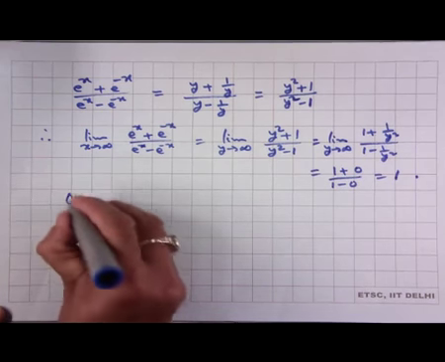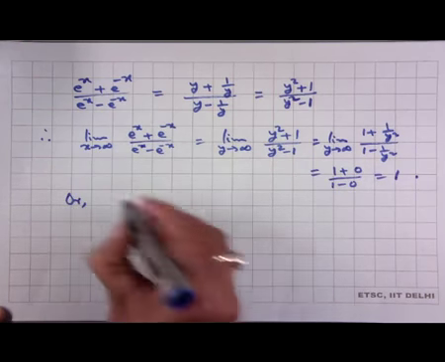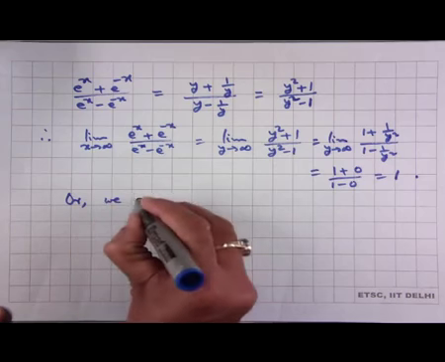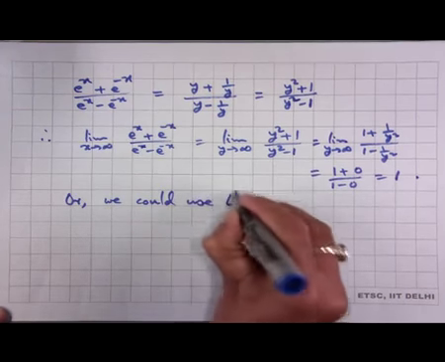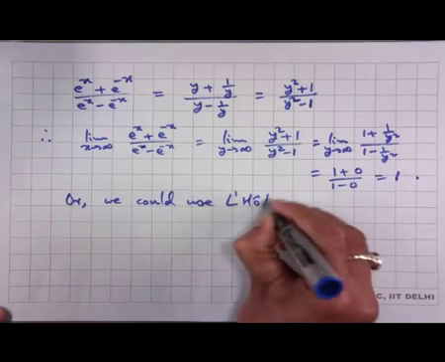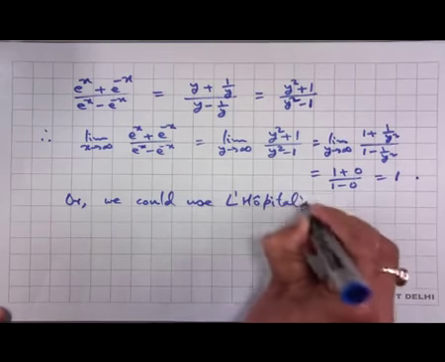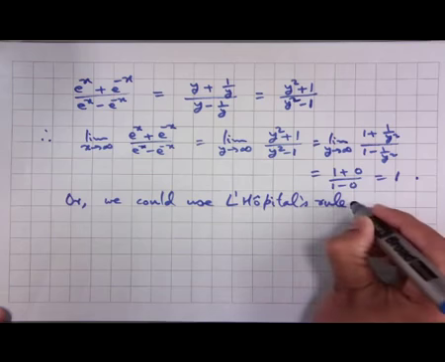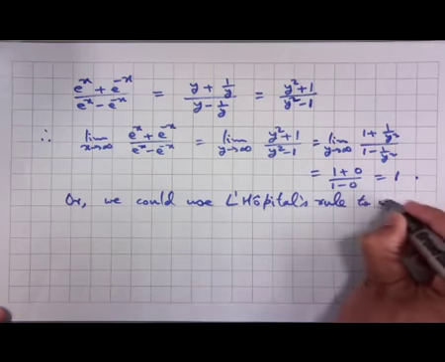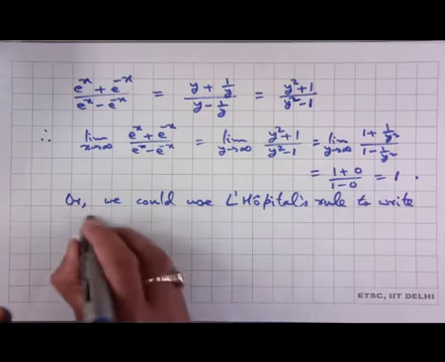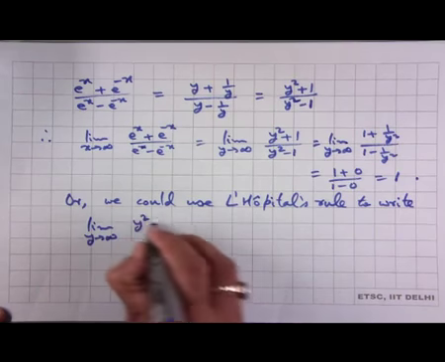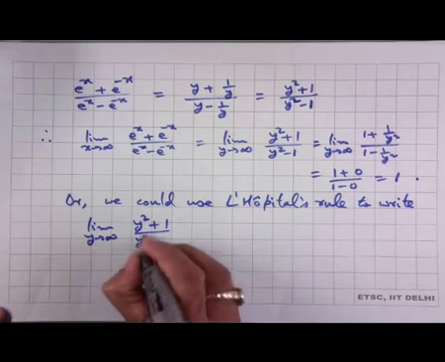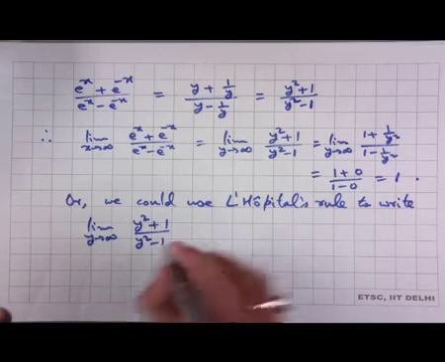Or we can use L'Hopital rule. The limit of y going to infinity of y square plus 1 by y square minus 1 is of infinity by infinity form.